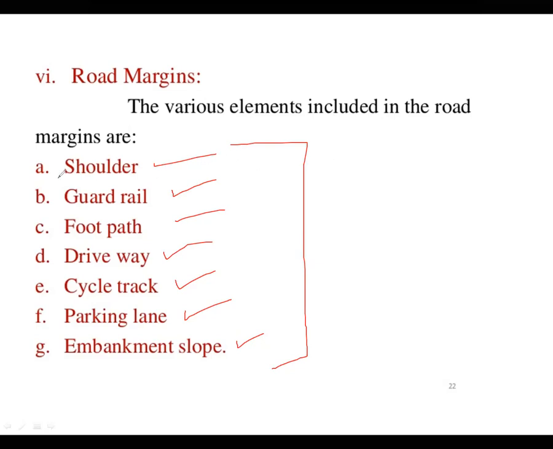In that, shoulder: we have discussed what is meant by shoulder. Shoulder is the margin or space provided near the carriageway, which is rougher than the carriageway. The main purpose of the shoulder is to park the vehicle for some time for loading and unloading purposes.